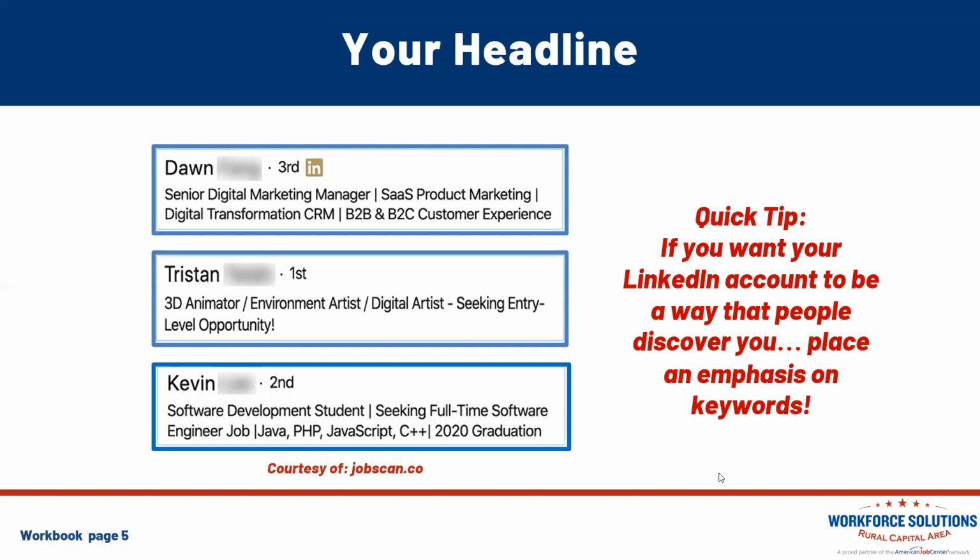And you have 120 characters to work with, okay? So take a look at some of these examples and think about how you would design your headline, okay? And make some notes. What are your top skills? What are the things that you would want the keywords to pop out at hiring managers and recruiters as soon as they saw your profile?